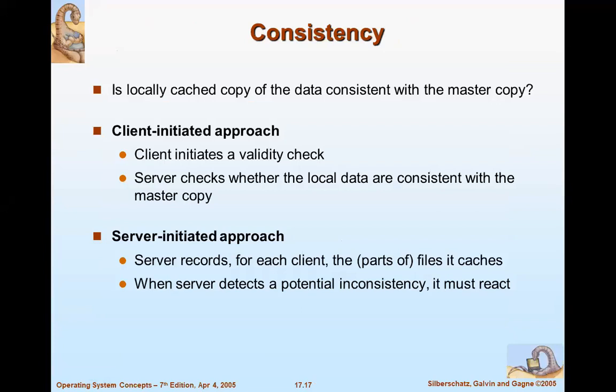There are two types of mechanism to ensure this consistency. Is the locally cached copy of the data consistent with the master, that is actually stored with the server? Then there are two approaches. Client initiated approach: the client initiates a validity check. The client by itself is checking whether it has updated this file from the server, because there is possibility that this file may be stored at multiple locations.